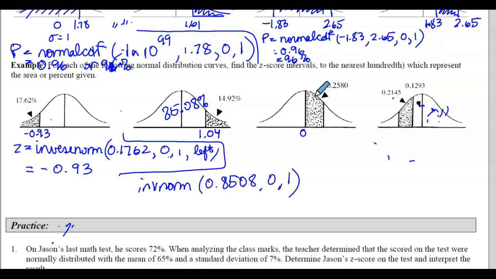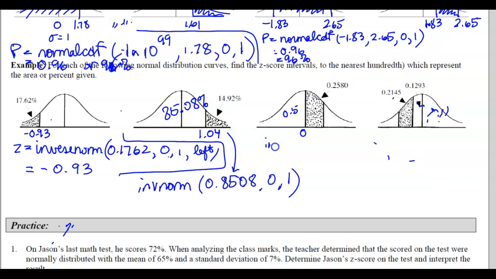So what you can do, no matter which calculator, is remember this is 50% or 0.5. So we're going to put in our calculator 0.7580 as our probability from the left. So this was down here.